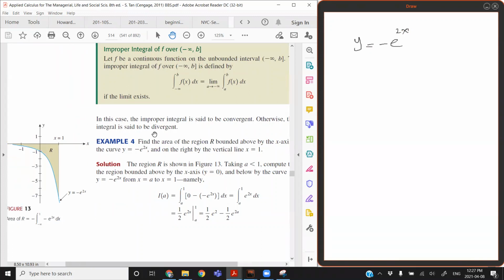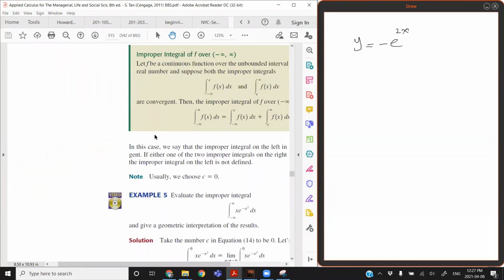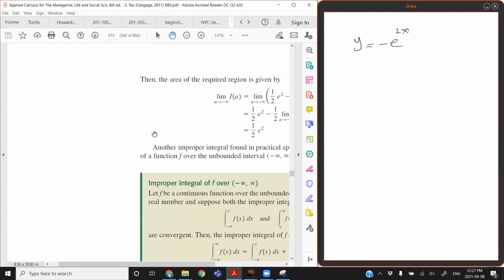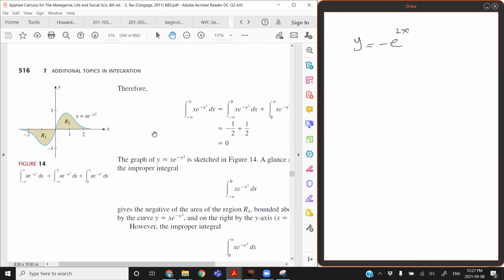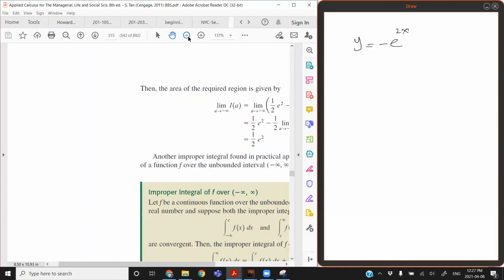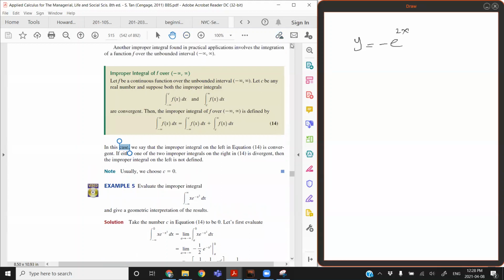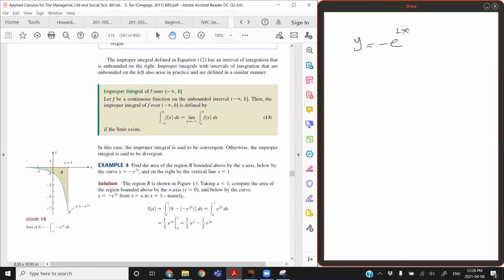So basically we're looking for this area, which is an unbounded area.